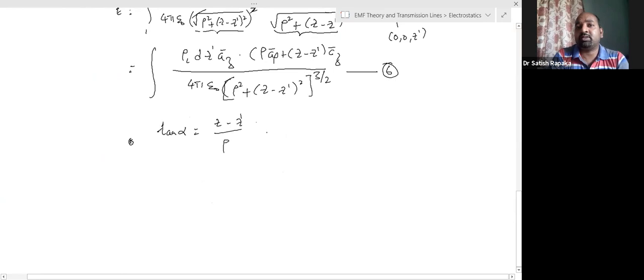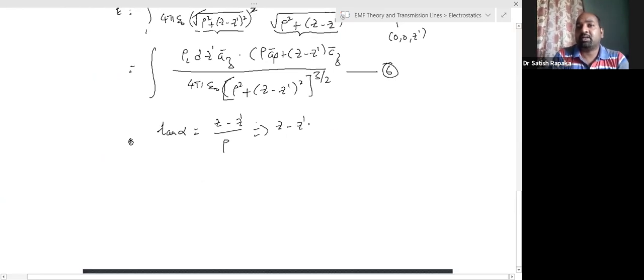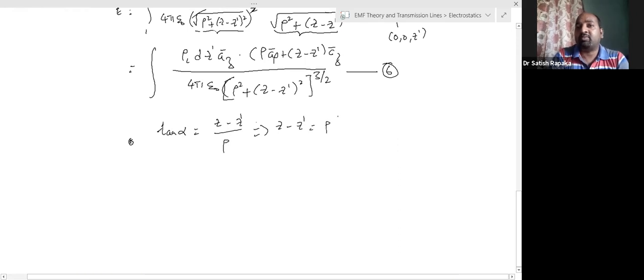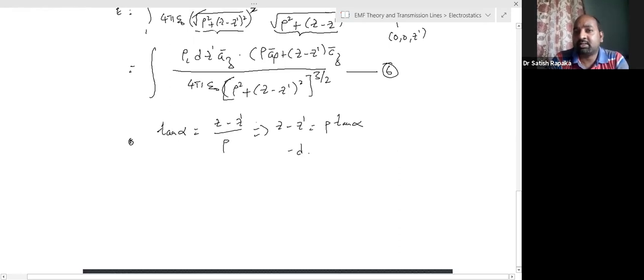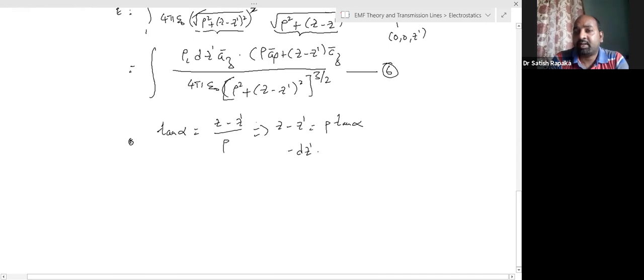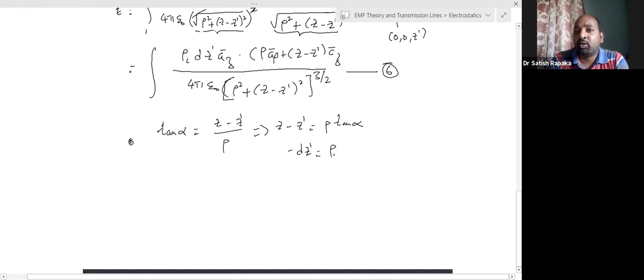So from this we can write z minus z dash is equal to rho tan alpha. Differentiating this, the first term will be 0, and we get minus dz dash is equal to rho times the differentiation of tan alpha, which is secant square alpha d alpha.